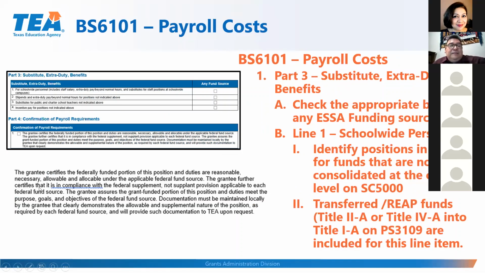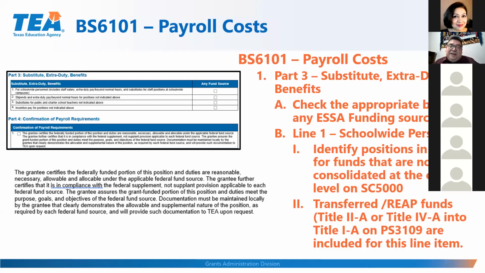Part 3, and we've had a lot of questions about that. Line 1, school-wide personnel, that checkbox for any funding source. That school-wide personnel, in the past, you had one for every funding source. Normally, it applies for Title I, Part A funds for those campuses that you've identified on the SC 5000 as being school-wide.